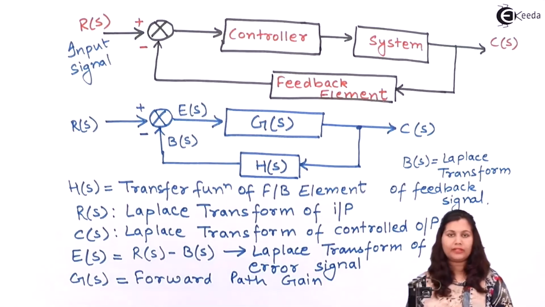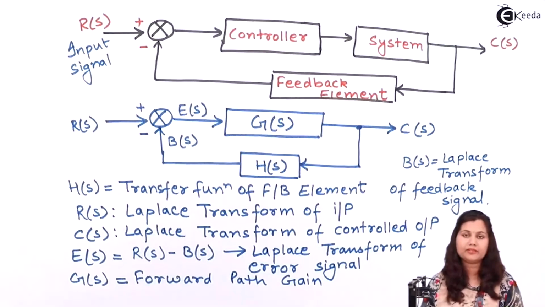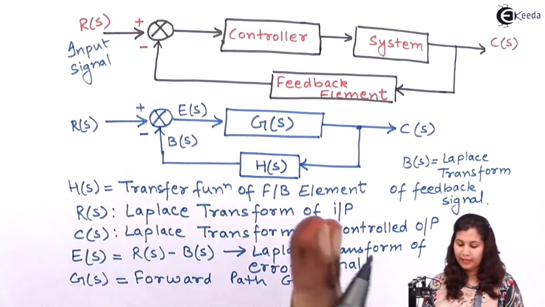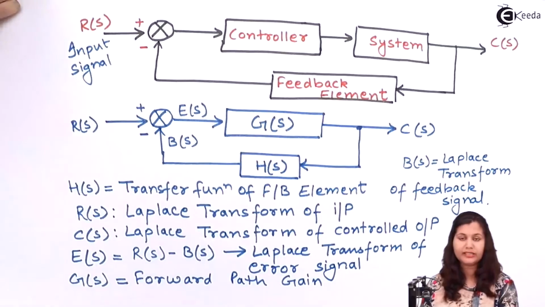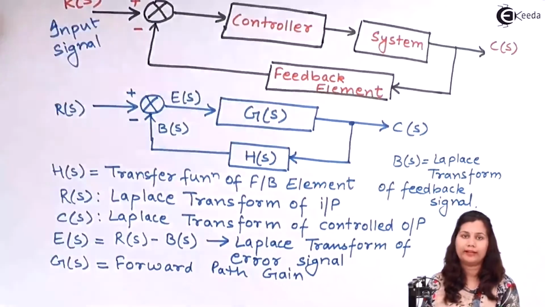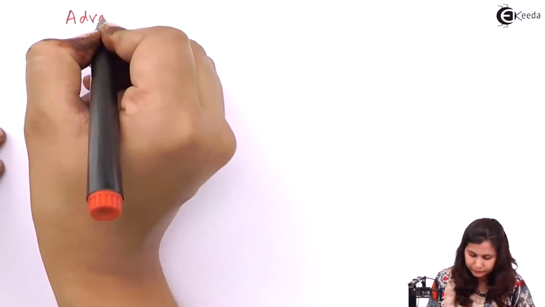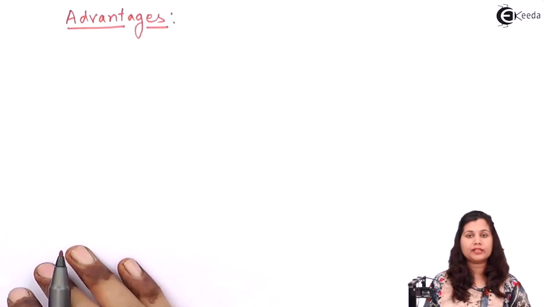So till now we have studied what a block diagram is, what the basic elements of a block diagram are, and how we can draw the block diagram of a closed loop control system. Now let's see what the advantages and disadvantages of a block diagram are. Let's see the advantages.